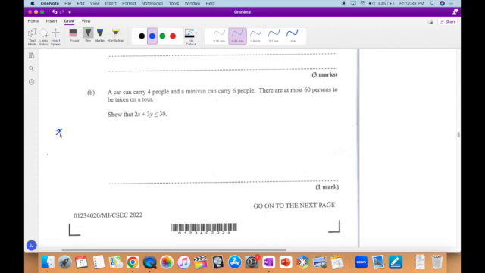So if you have 4 people per car, that is 4 times the number of cars, plus 6 people times the number of minivans, because there are 6 people per minivan. At most 60 persons means not more than 60, so it is less than or equal to 60.